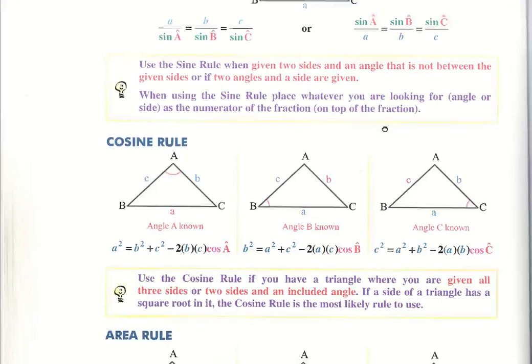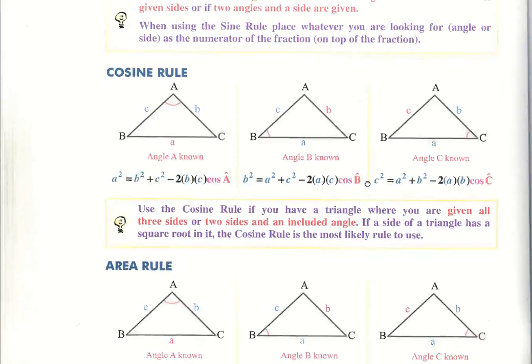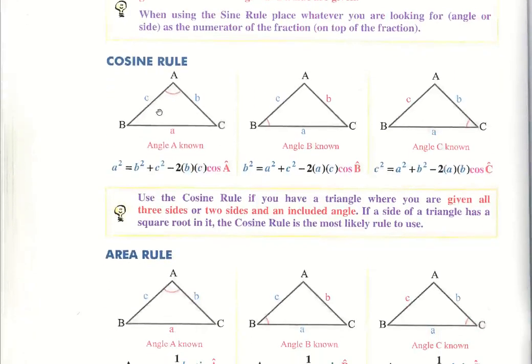Now, the cosine rule. When we're looking at the cosine rule, we need to understand that you are only going to use the cosine rule when you are given all three sides and you need to find out an angle, or you're given two sides and an included angle. This included angle is your key to understand when you've got to use the cosine rule.